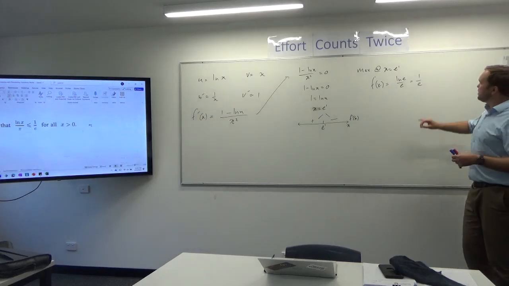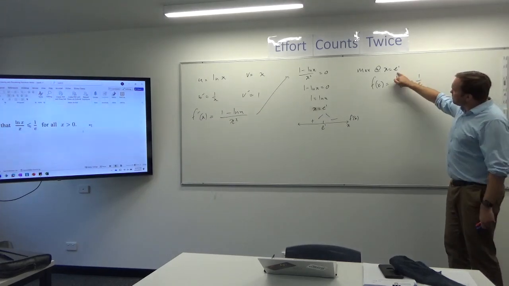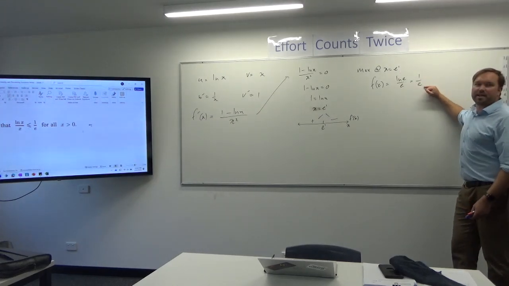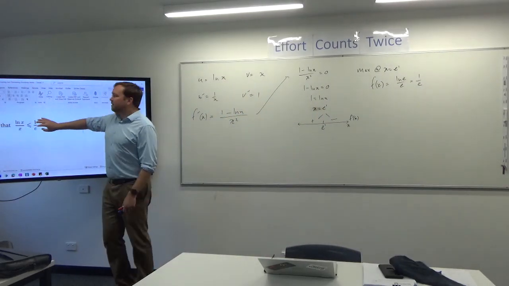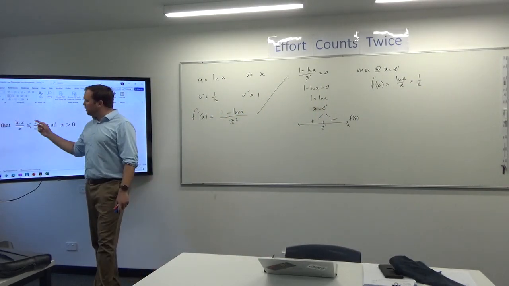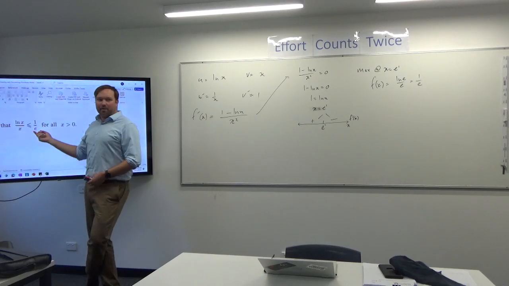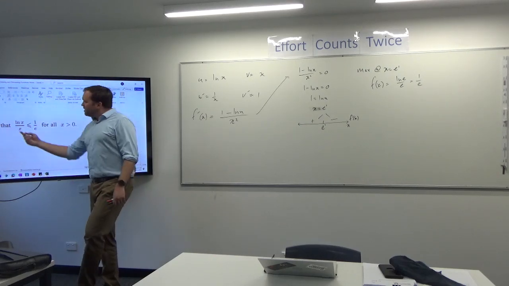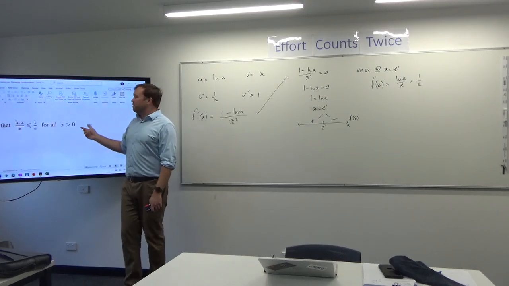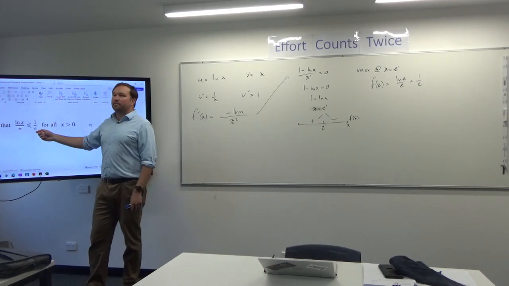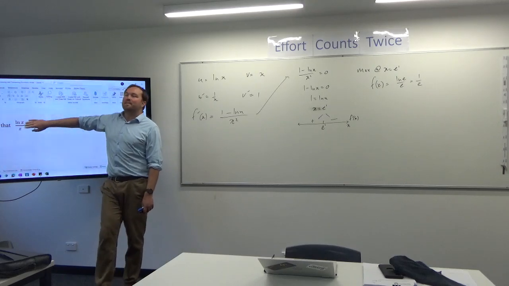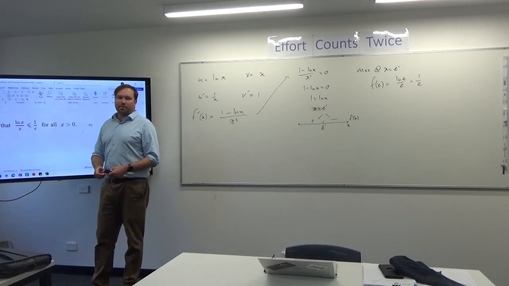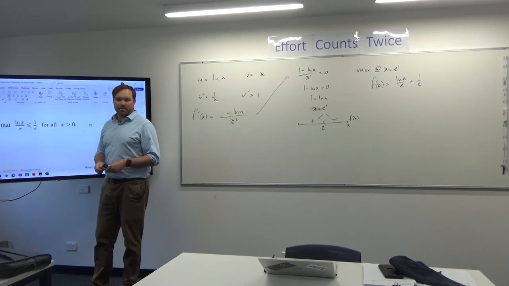So that means there is a maximum when x equals e and the maximum height is 1 on e, which lines up with what they've said. This function is purely below 1 on e because it has a maximum at 1 on e. Does that vaguely make some sense? So it's a strange wording of it, but if you're asked to prove something is below something, just find its maximums or find its minimums and then compare it with what they've asked you to compare it with. That would be the answer.